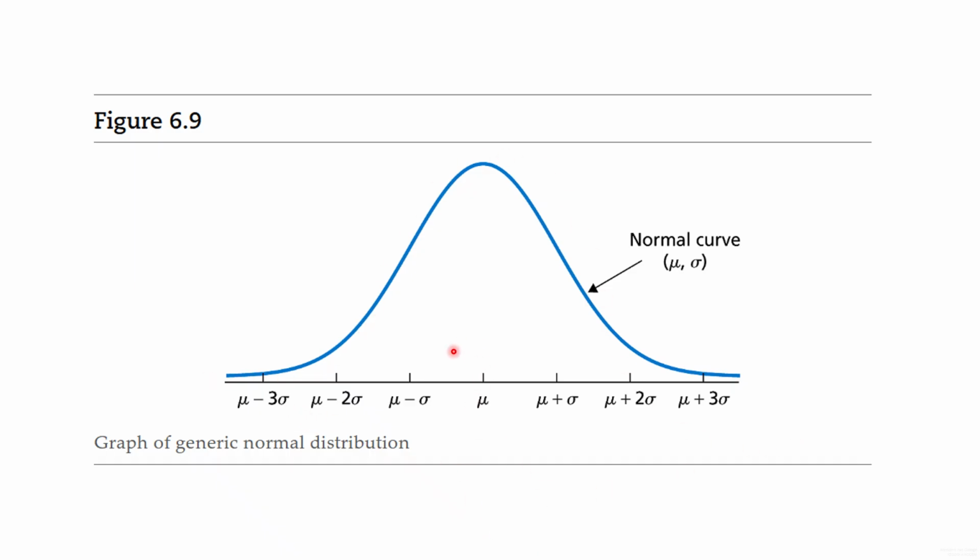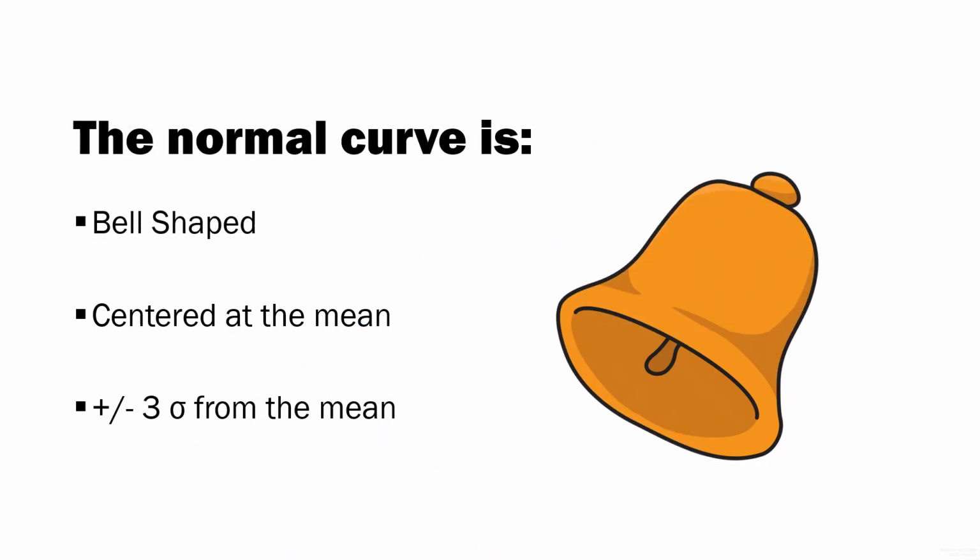It's centered on mu, which is our mean, and it is close to the horizontal axis at a range of 3 standard deviations from the mean on the negative side and the positive side. So once again, the normal curve is bell-shaped. It's centered at the mean and it's plus or minus about 3 standard deviations from the mean on either side.